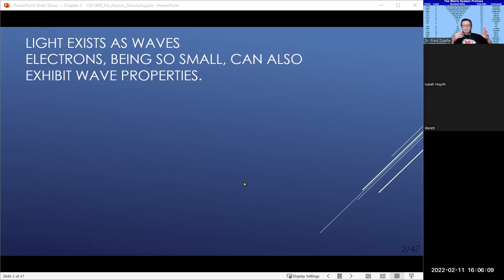Before I do that, what I'm going to do is talk about light, because to correlate how the electrons are behaving, electrons behave much like light. And our model for light is that light exists as waves. And so electrons, being as small, can also exist as waves and exhibit wave properties.